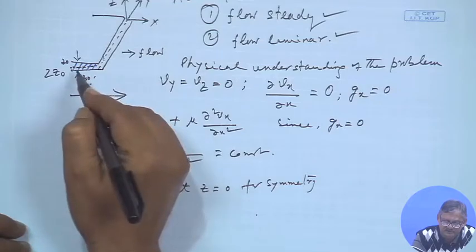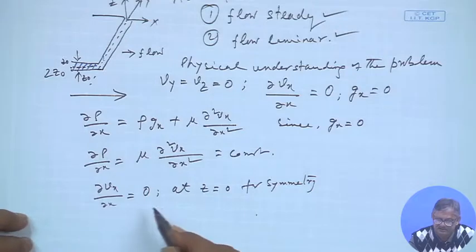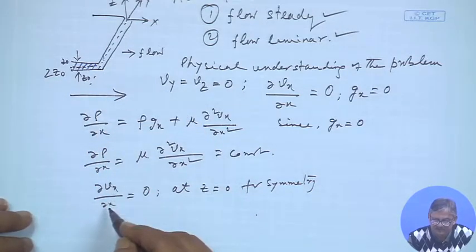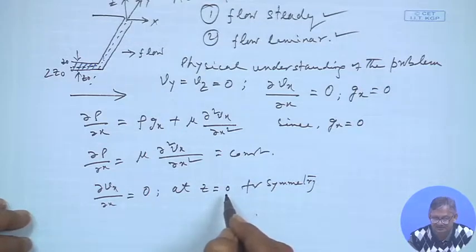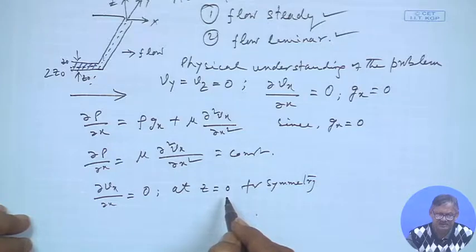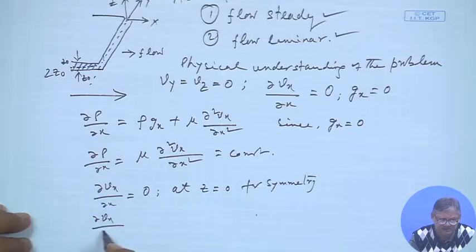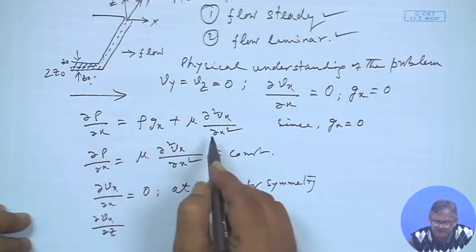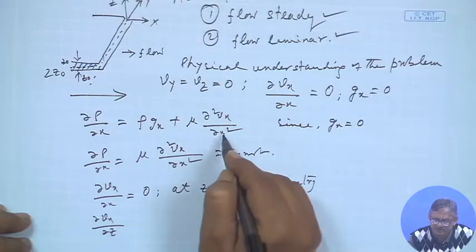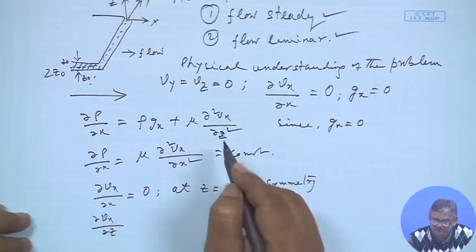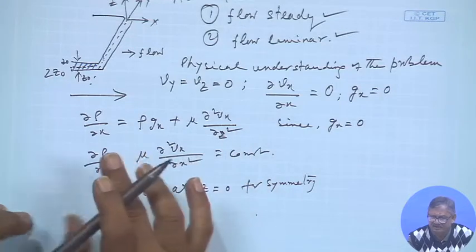So, one is z0 and the other is another z0 from the symmetry. So, del Vx del x is equal to 0 at z is equal to 0, right. So, then we can also write del Vx del z, it was del 2 Vx del z square, right, del 2 Vx del z square.